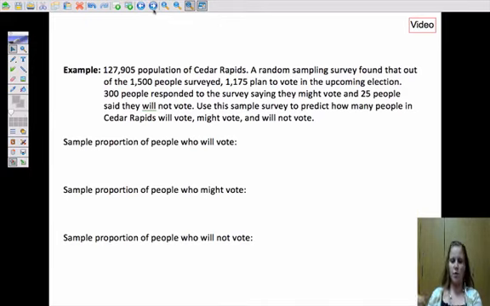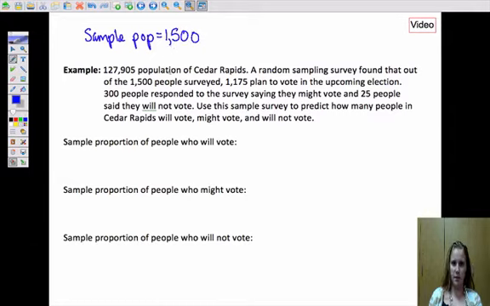All right? So we're asked a couple questions here. First of all, I want to point out that our sample population is 1,500. That's the people that we are sampling. Our total population is the Cedar Rapids population, 127,905. So we're asked, what's the sample proportion of people who will vote?